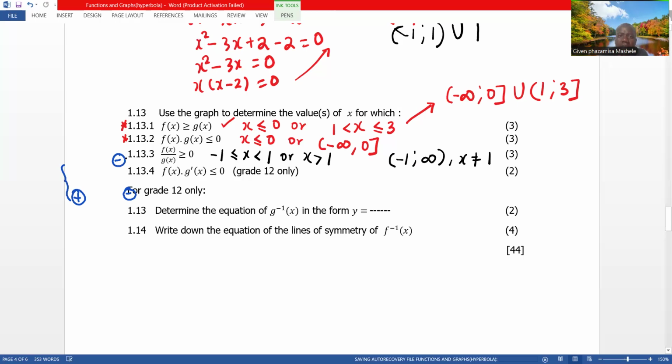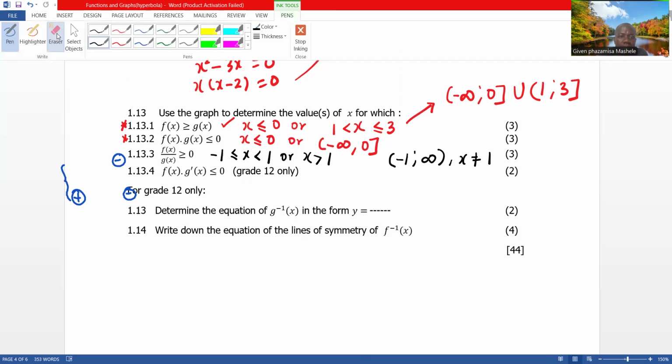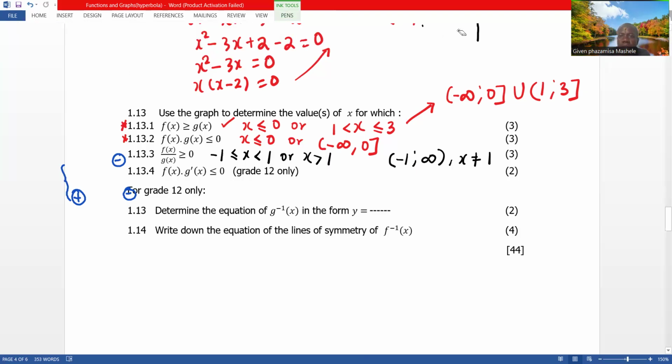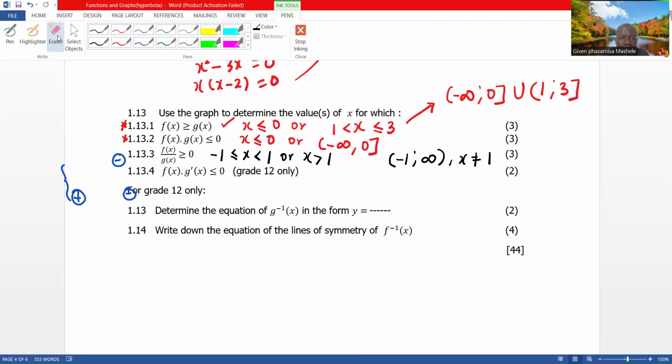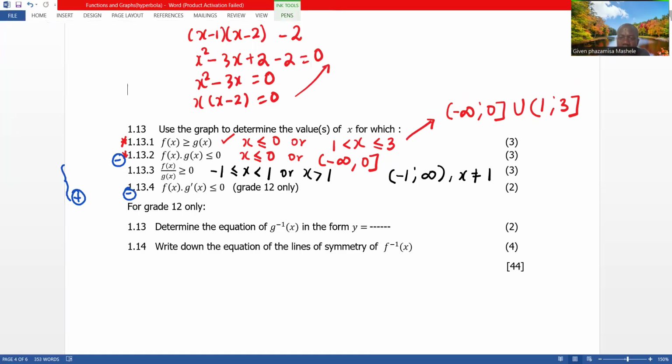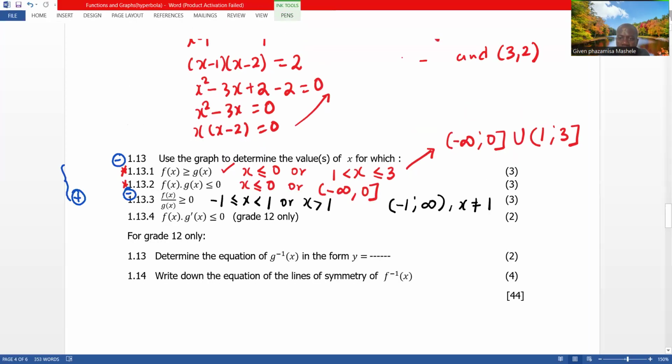Okay, this one I cannot erase because it is the one where we're annotating.